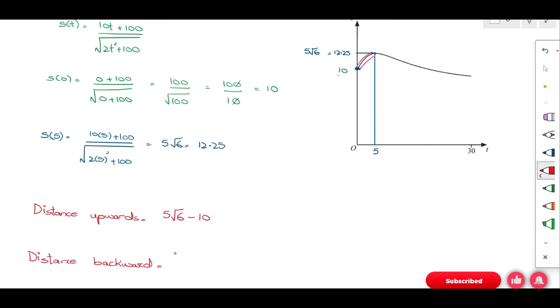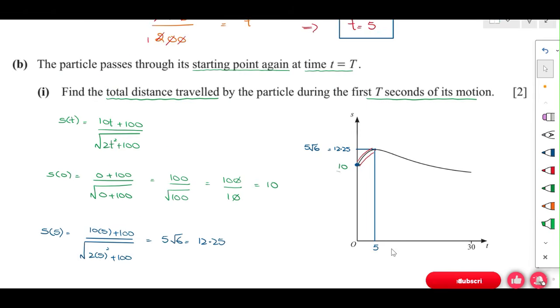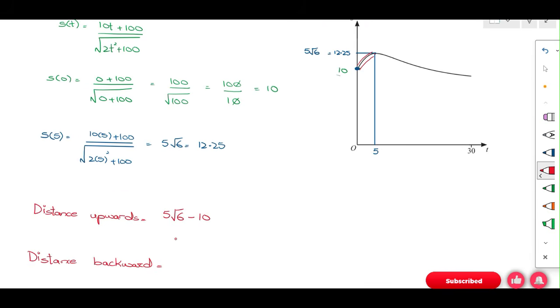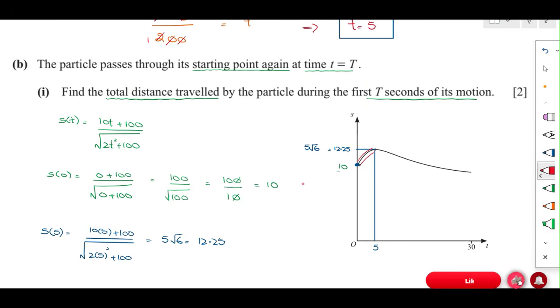First it starts from the starting point and then it reaches the maximum point. Then from the maximum it goes back to its starting point, because the question says it passes through the starting point again, right? Okay, so again 5 root 6 and 10, 5 root 6 minus 10. So what is the total distance traveled by the particle?